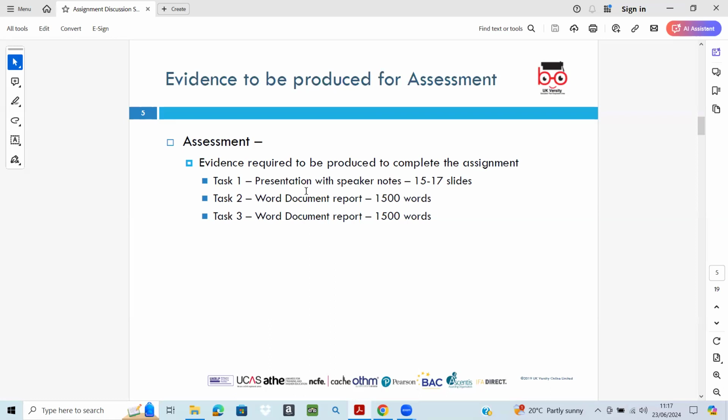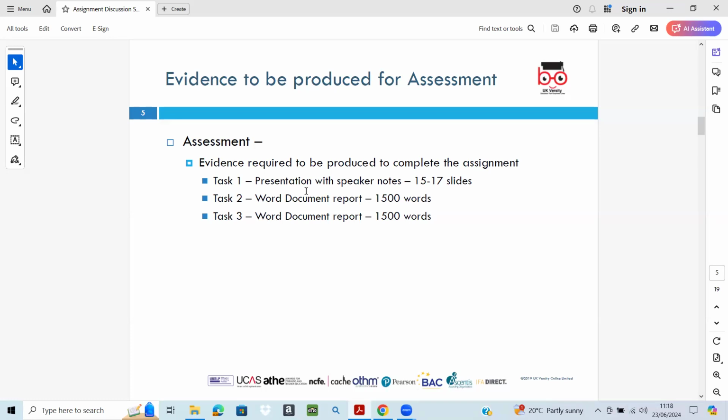If all the tasks are in sequence, we'll go for 1.1, 1.2, which are the passing criteria. After completing 1.1 and 1.2, we will attempt the 1M, and then the 1D for distinction criteria. We won't directly jump to the distinction criteria. We have to go in a sequence. For example, if there is no merit or distinction criteria in Task one, the sequence would go like this: 1.1, 1.2, then 2.1, 2.2, then we go for the merit or distinction criteria.